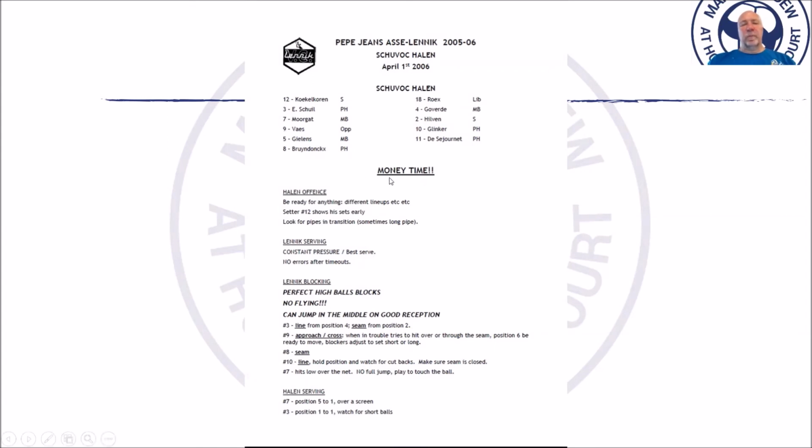Money time. So this particular match was the first match of the playoffs, and we had some information about the offense, with the setter in particular, what the setter wanted to do, some information about what our serving should be, which we haven't really talked about here, but we can accept under the setter conversation, and then some things about what our blocking should be against individual spikers, and then some information about the opponent's servers.